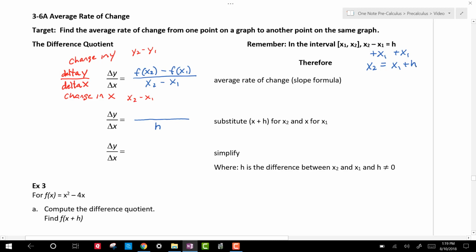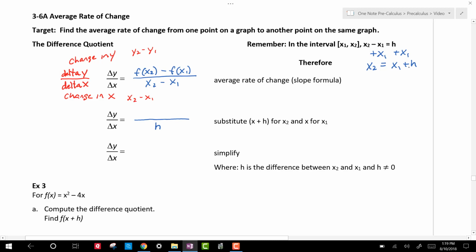If you think about it, if I'm sitting at some value of x1 and I want to move forward to some other value of x2, I need to add something to my x1. That's what that h value is. It's the distance in the interval.